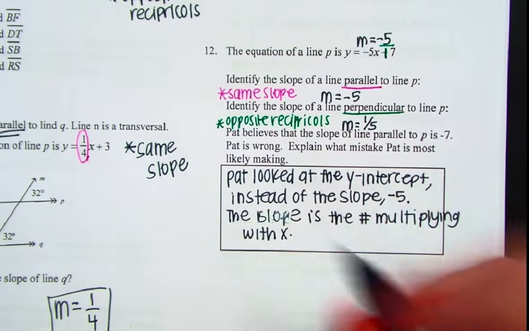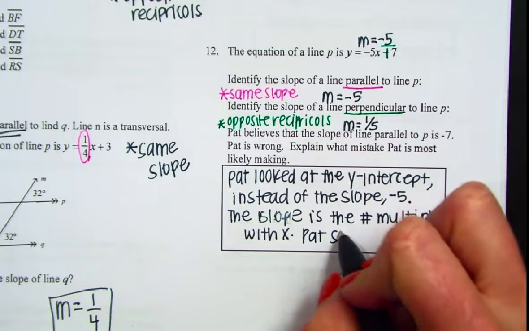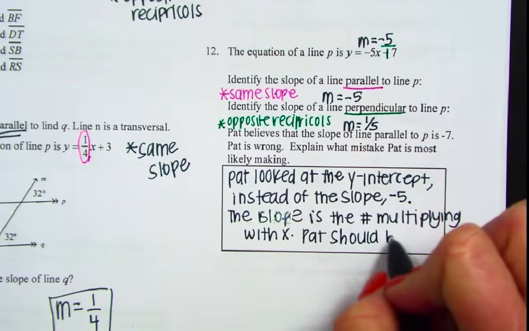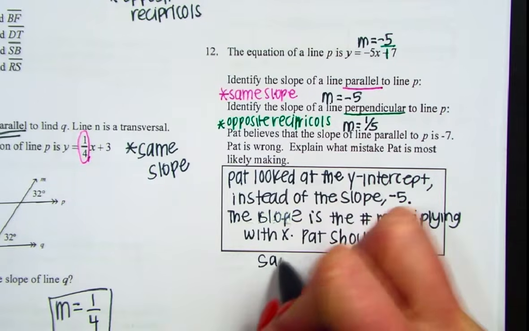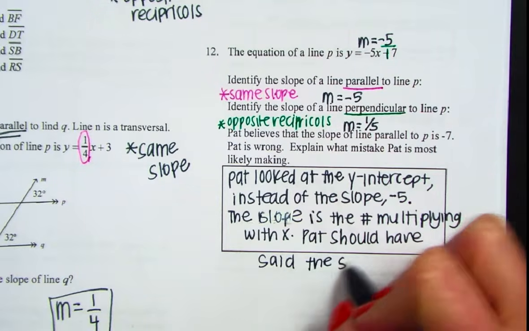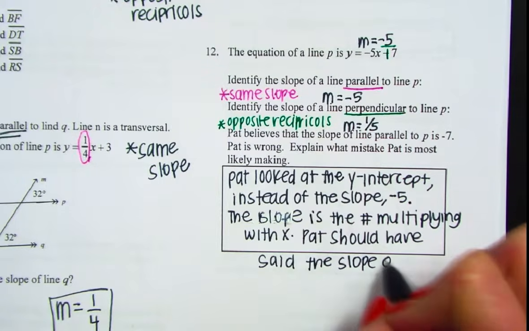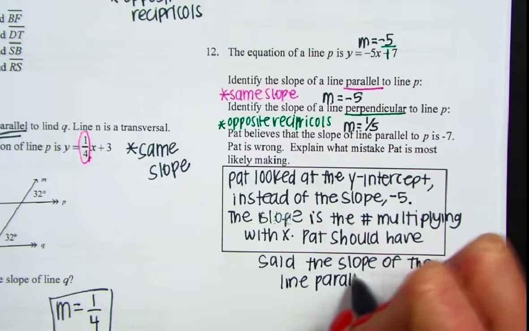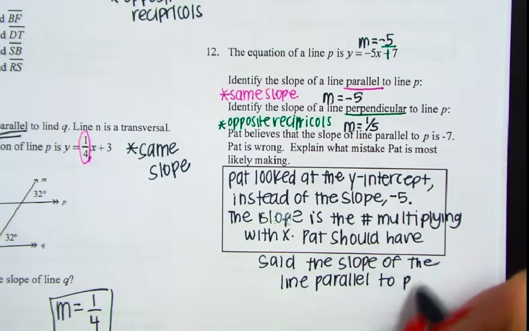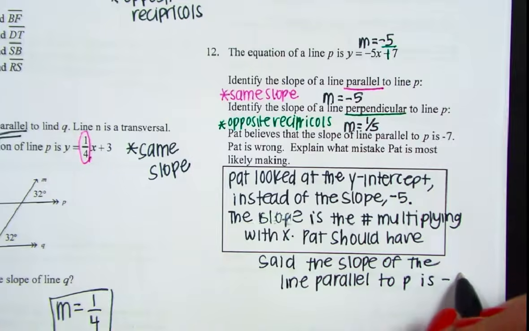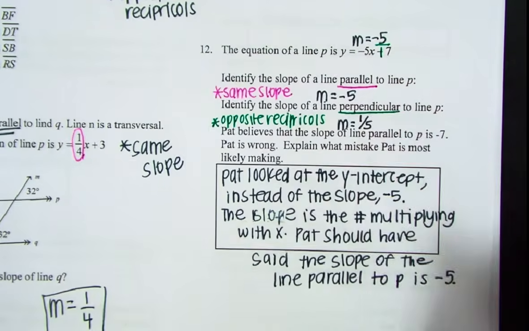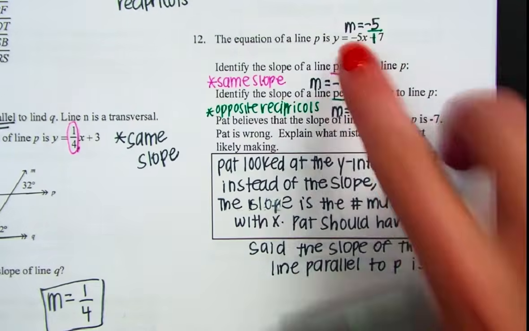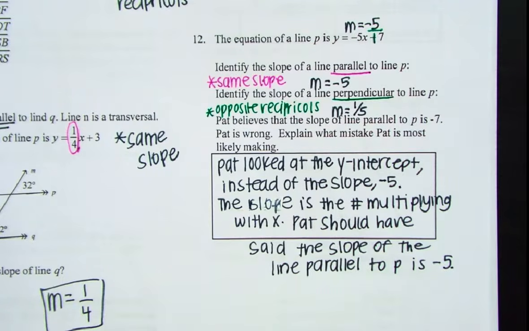So Pat should have said the slope of the line parallel to P is -5, because it's going to be the same as the slope there, so -5.